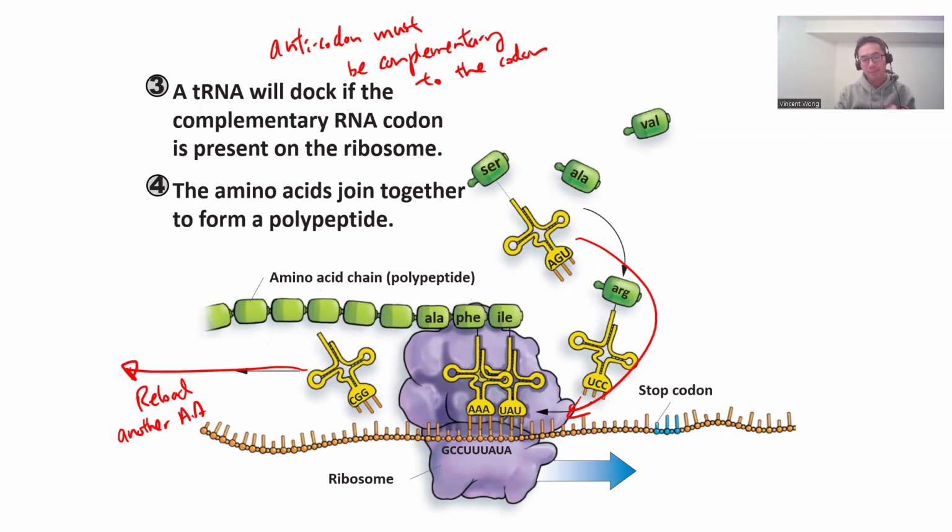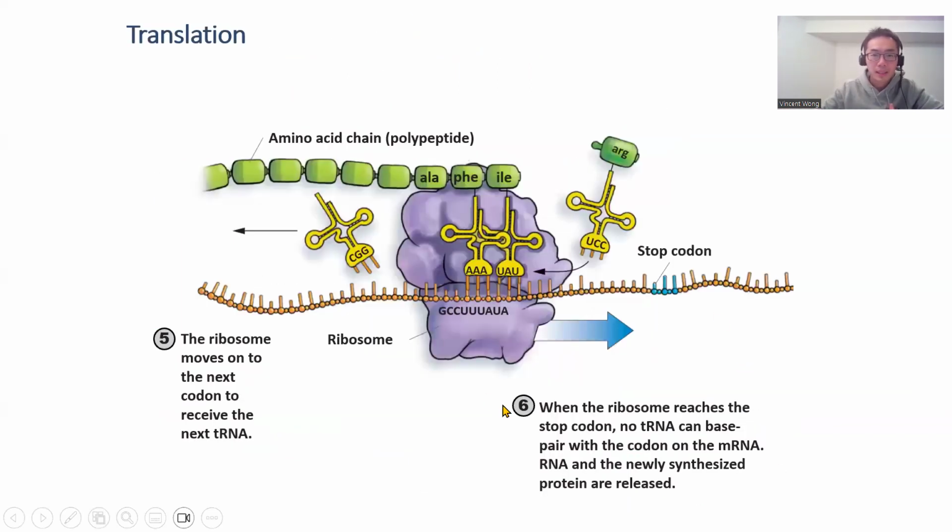When does it stop? It stops when we get to a stop codon. Okay. When the ribosome reaches the stop codon, there is no tRNA corresponding to the stop codon. The stop codons, as you know, are UGA, UAG, UAA, right?